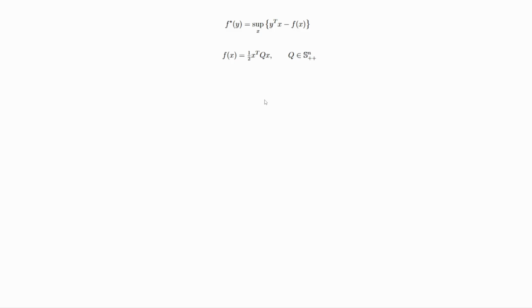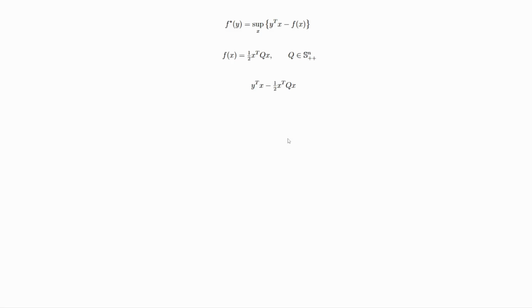Alright, let's do our first example. We take the quadratic f of x equals 1/2 x transpose Q x, where Q is symmetric positive semi-definite. We want to find f star of y, which means we want to maximize y transpose x minus 1/2 x transpose Q x over x.